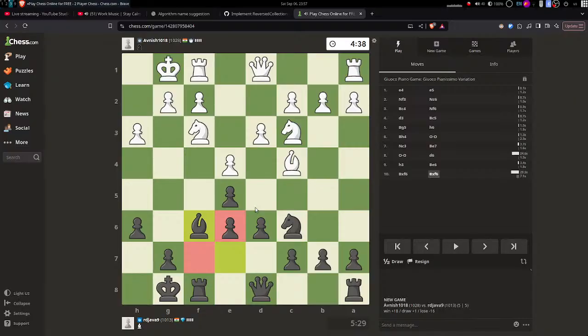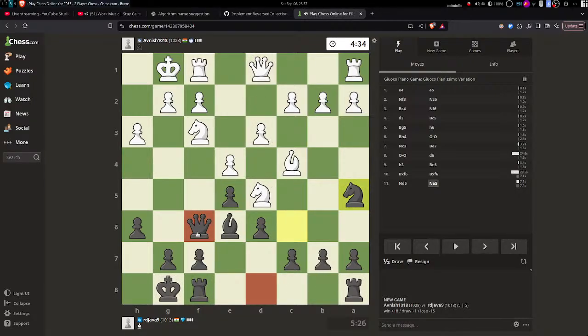I still have, he has the same problem. He might want to trade with my bishops, but first of all, I want to trade some of his, and then I will see. So I think opposite color bishops are now there.